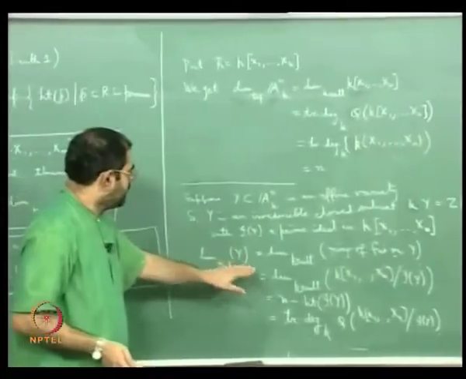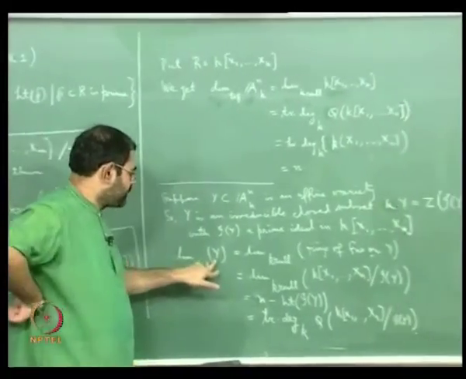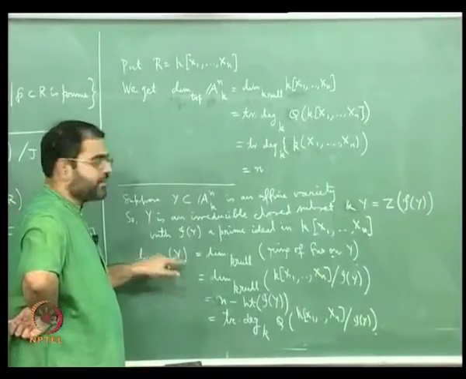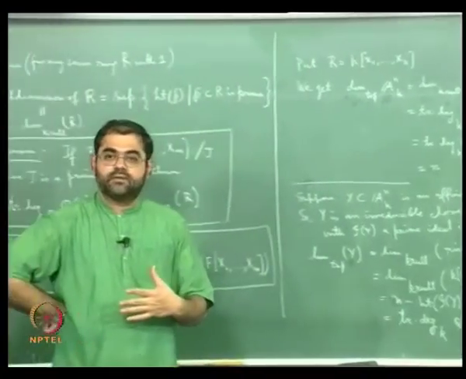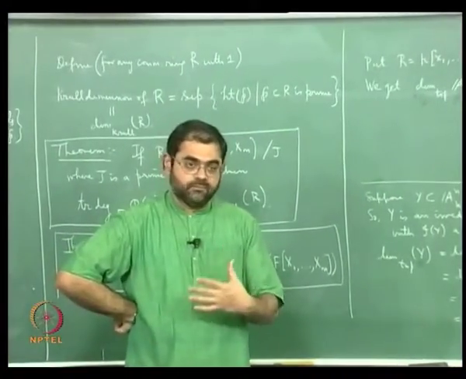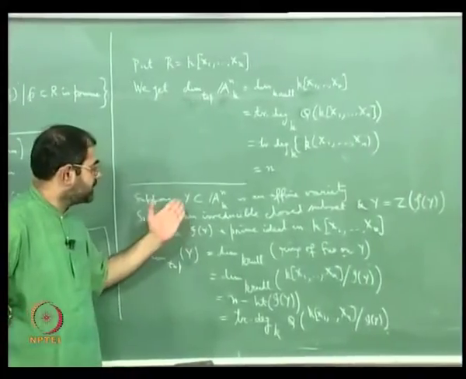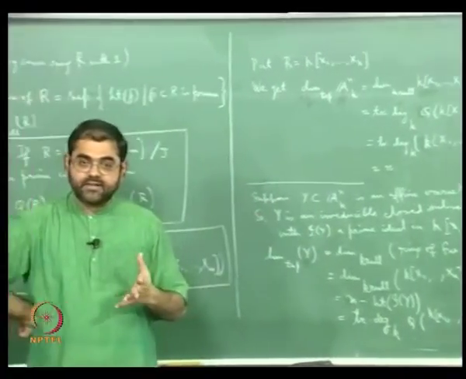So the moral of the story is that you have a formula for dimensions of closed affine subvarieties of affine space.